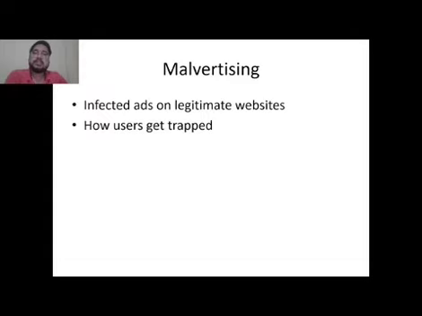Whenever you visit any website, some ads blink on your page, and if you click on them, they go to the next page, and attackers get your data and use this data to attack your systems.